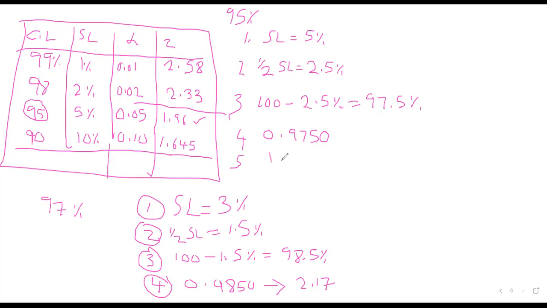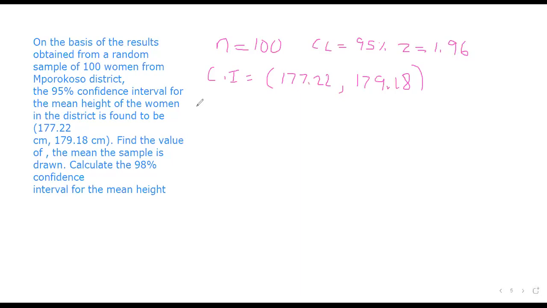So when you read this, our Z was 1.96. We're still looking at this question here. Our confidence interval, 95%, is where the 1.96 is coming from. This is the most common one. We have been asked to find the mean.